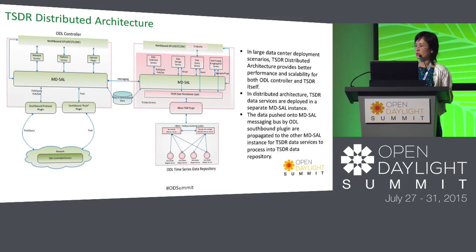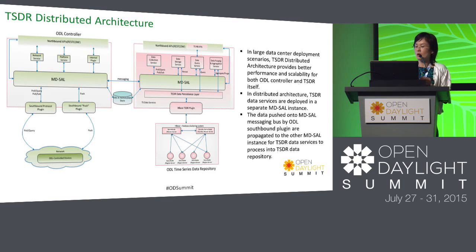This is the distributed architecture we proposed at the beginning of TSDR in Lithium. Basically, the idea is to fully implement the stats plane concept, which means we want to free the controller to work just on what it should be working on, which is flow control and flow configuration, and completely separate the statistics data and time series data to a separate MD-SAL instance, even a different box or different VMs.